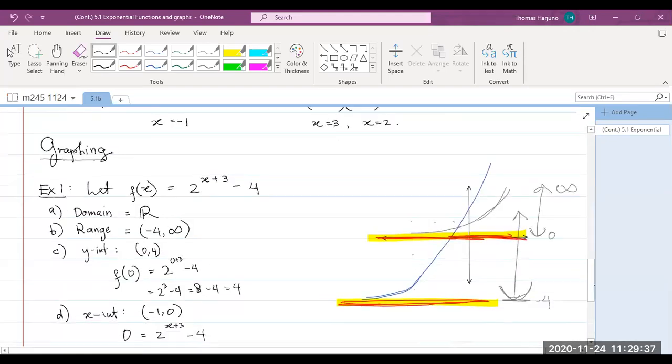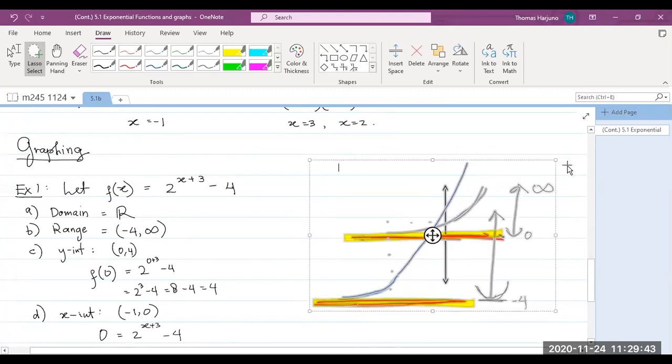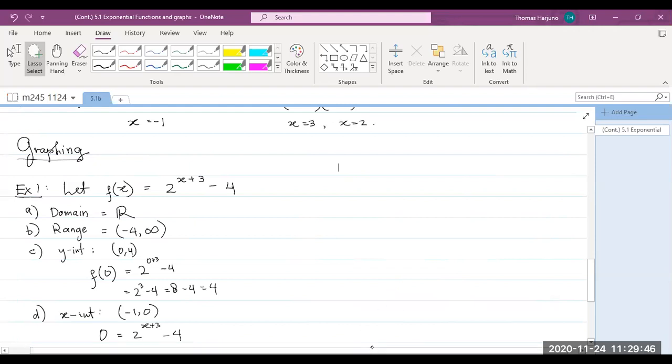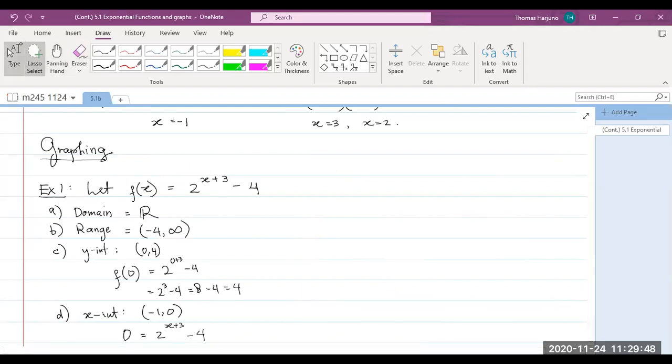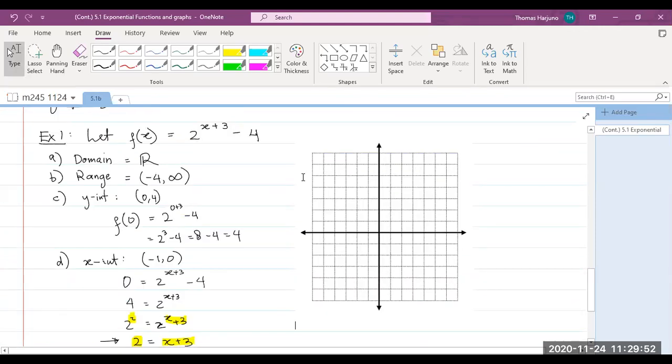Now, let's graph that in more detail instead of just the sketch. So the y-intercept is (0, 4), the x-intercept is (-1, 0).